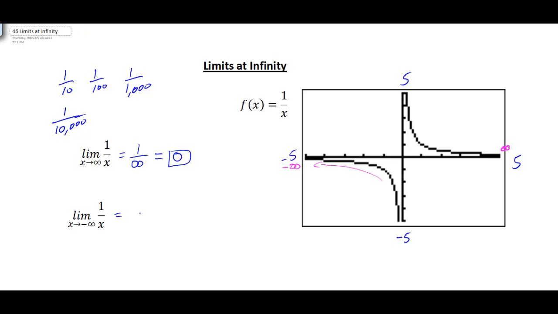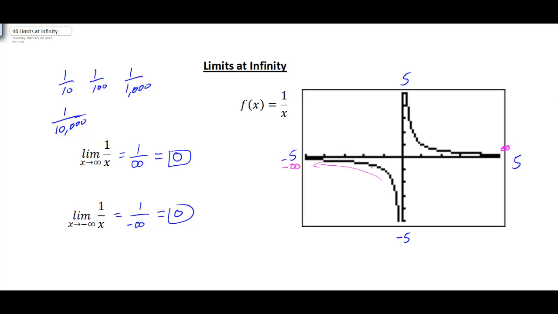So once again, if we have 1 divided by negative infinity, the negative sign really doesn't affect the problem here because it's 1 over a very large number. So again, that's going to go to 0. Basically, anytime you have infinity in the denominator, where the denominator is growing very, very fast, your limit is going to go to 0.